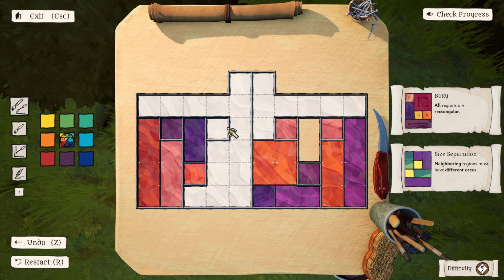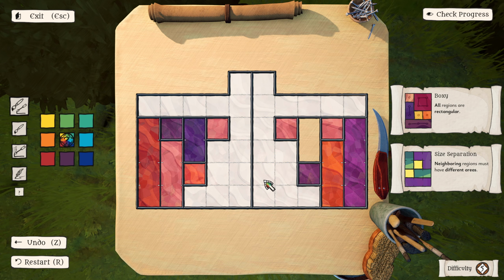I just don't understand it at all. But this isn't a 2. This can't be a 4 and a 1. It can't be a 2 and a 2.